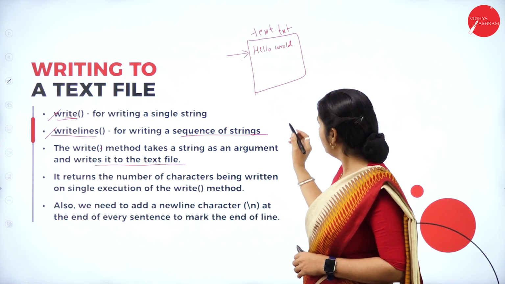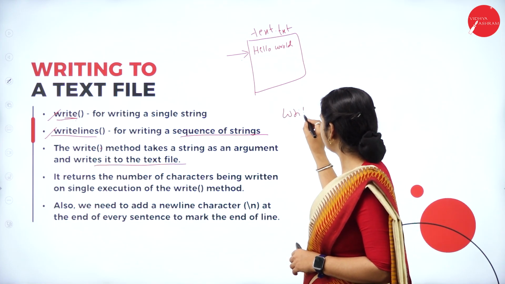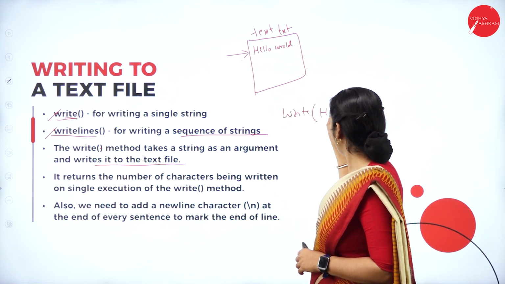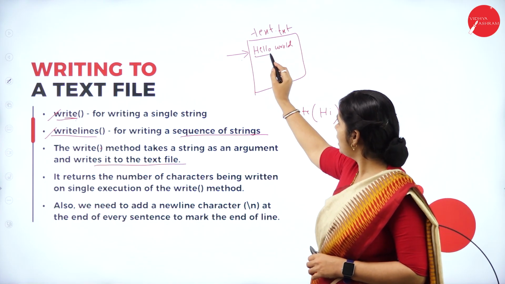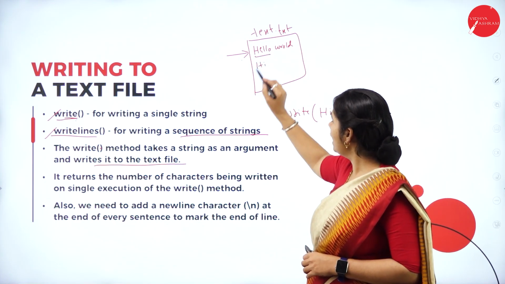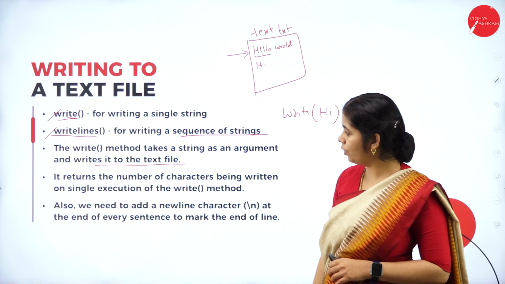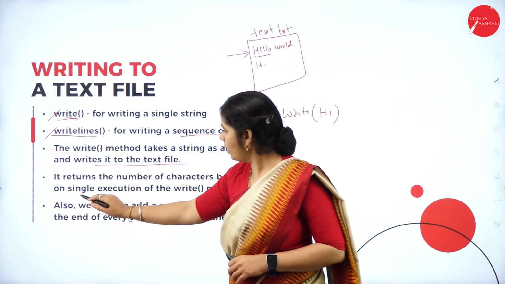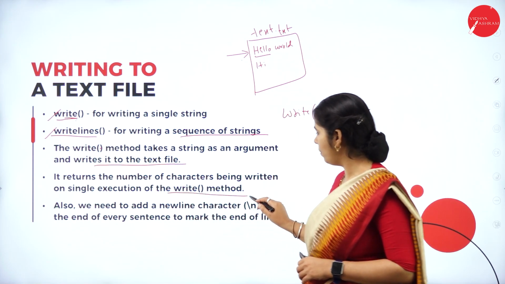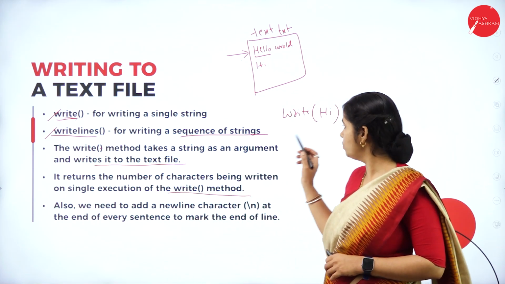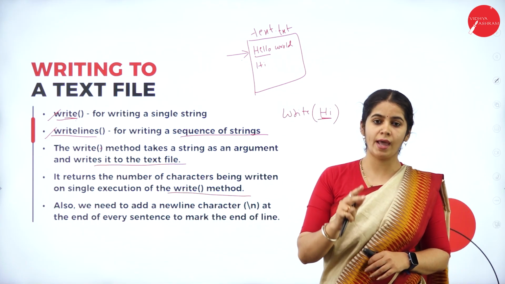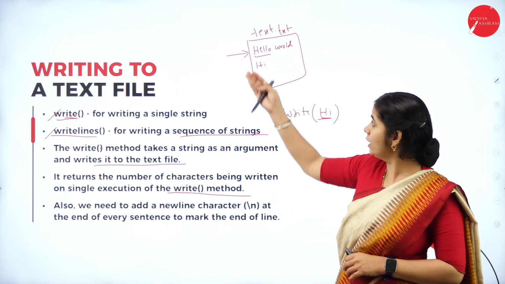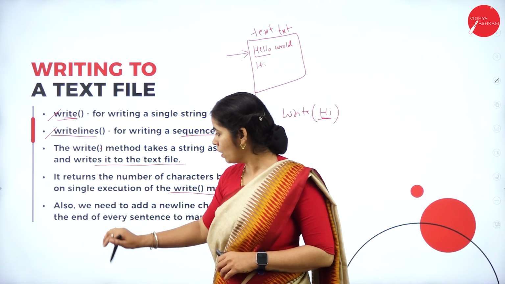Whatever I write, so write hi. In place of this hello, this hi will be overwritten. It returns the number of characters written on a single execution of the write method. How many characters do we have? Hi, right? 2 characters. It will return that many characters.